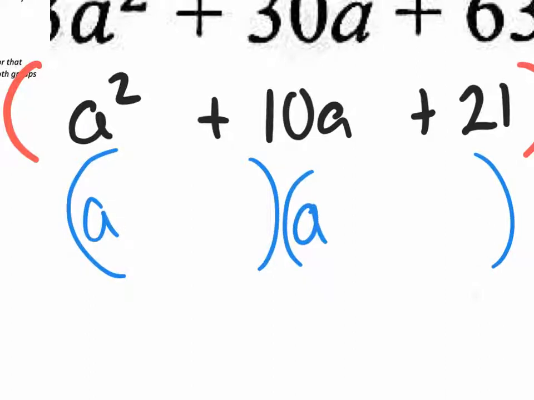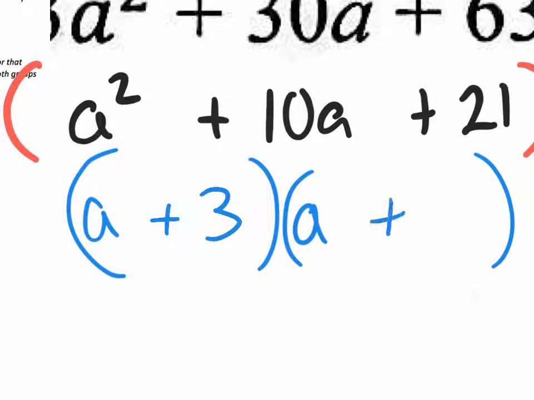Why could I apply the shortcut? Because a times a is a squared. Again, if I had a 6 right here, I couldn't do the shortcut. But because it's just a squared, no number in the front, I could set up this shortcut. Now I could think, what times what is 21 that if I add together is 10? 3 and 7, right? And they're both positive.